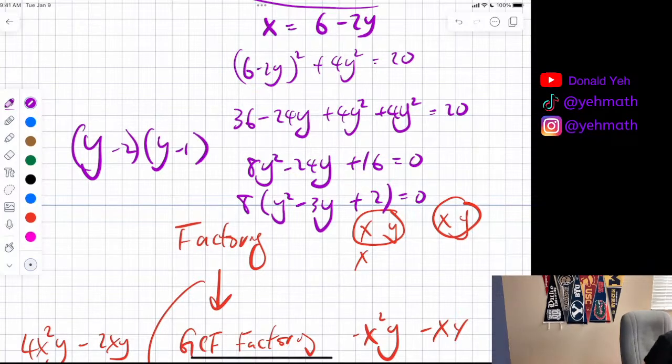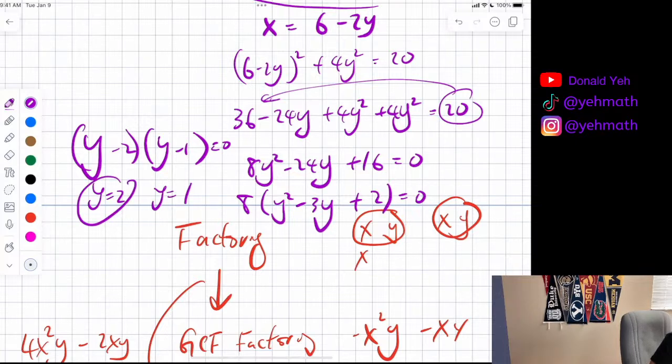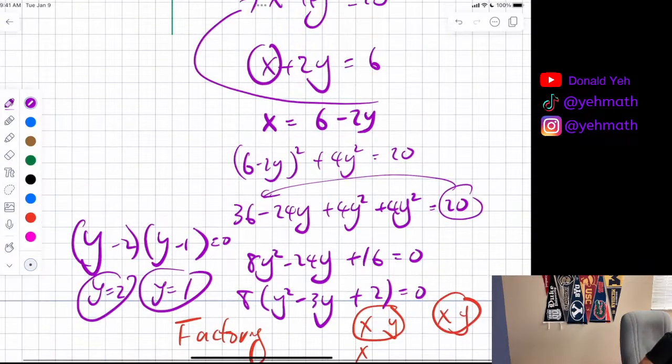I subtract 20 here. And then y equals 2 and y equals 1. And then you gotta plug it back into the original equation to find out all the values.